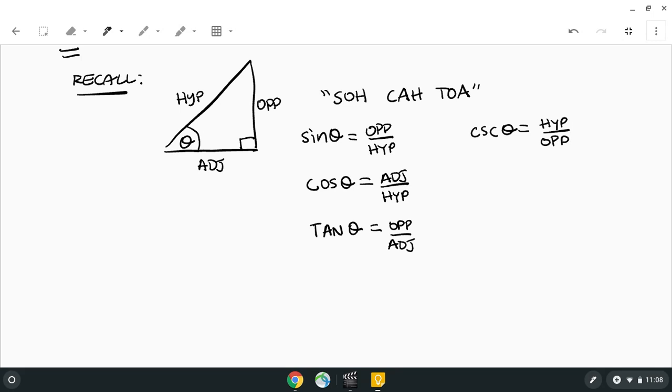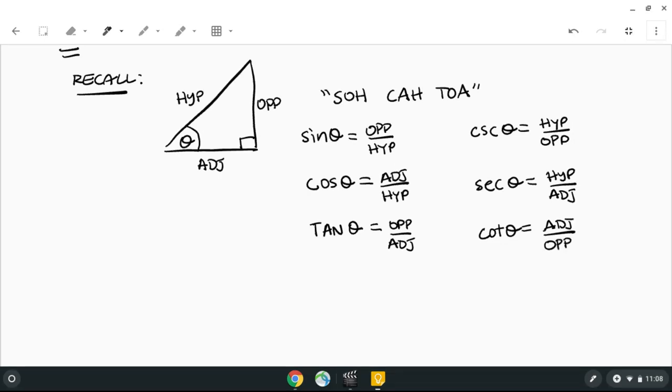And then we have secant theta, which is the reciprocal of cosine. So that's going to be hypotenuse over adjacent. And then we have cotangent, which is the reciprocal of tangent. So that is going to be adjacent over opposite.